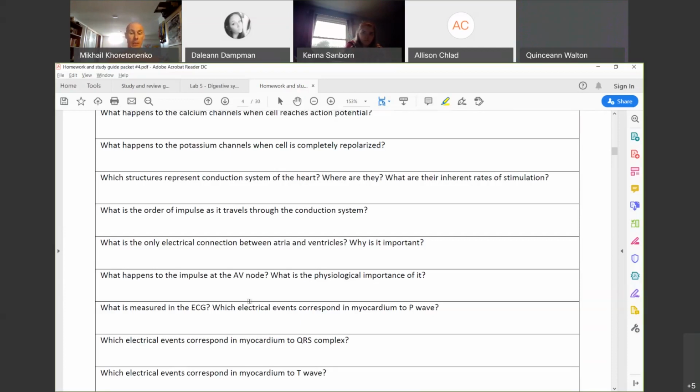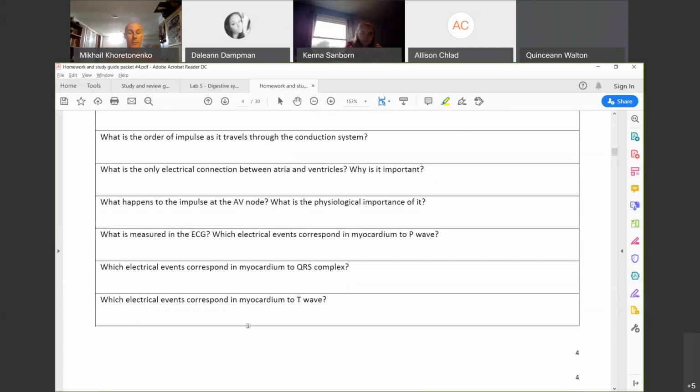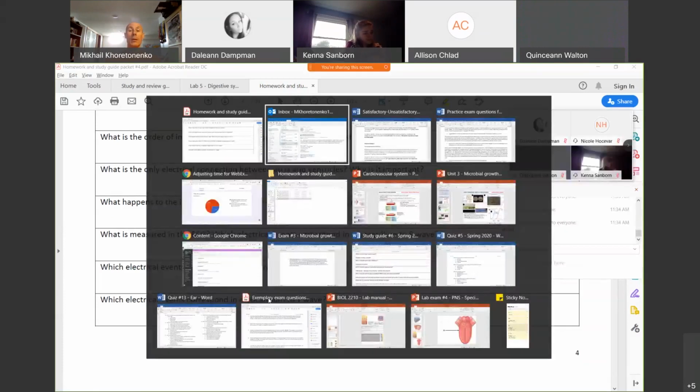And finally, the T wave is the repolarization of the ventricles.